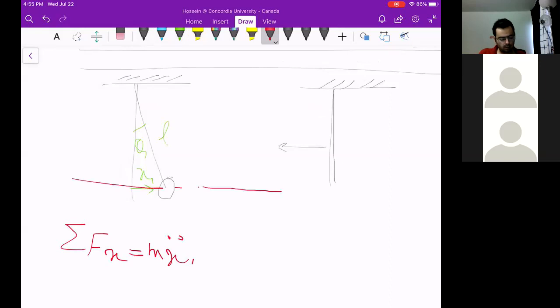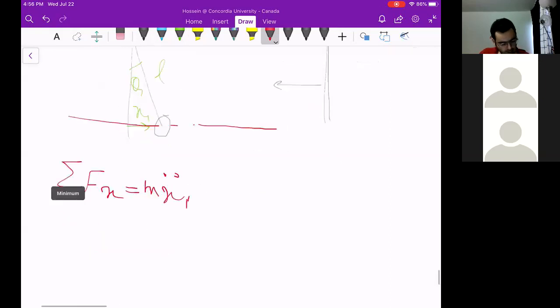And I can similarly apply this equation of motion for the second mass, the second pendulum.